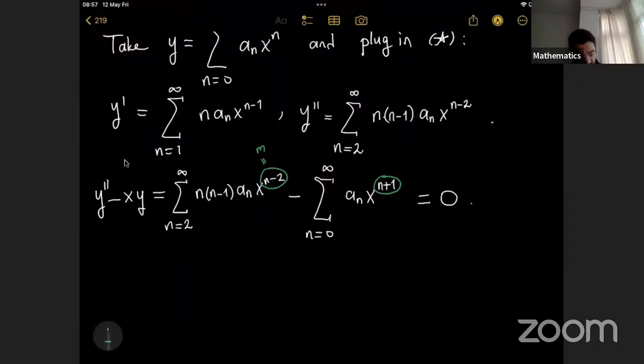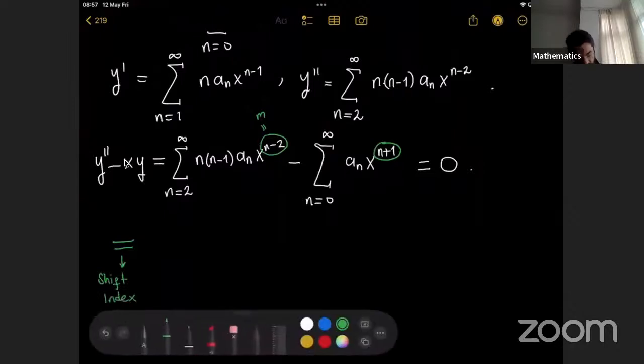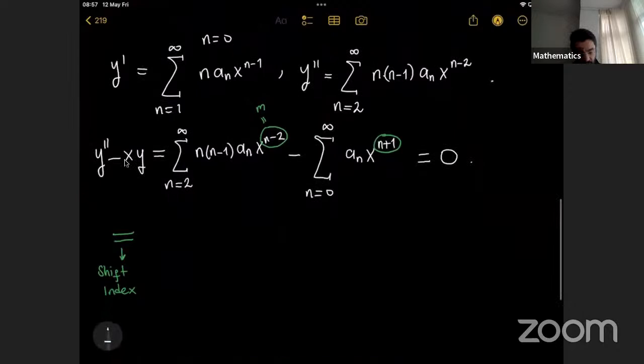So when you shift the index here, then you will get what? In the first one, when you say n minus 2 is equal to m, if n is equal to 2, m is equal to 0.